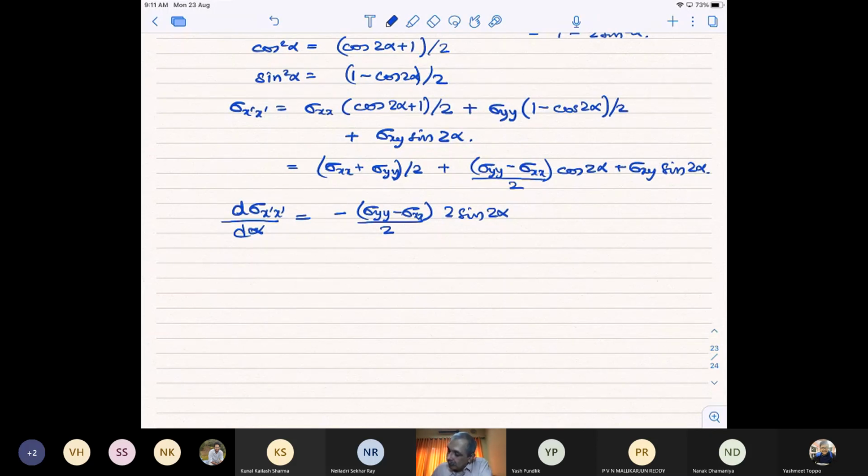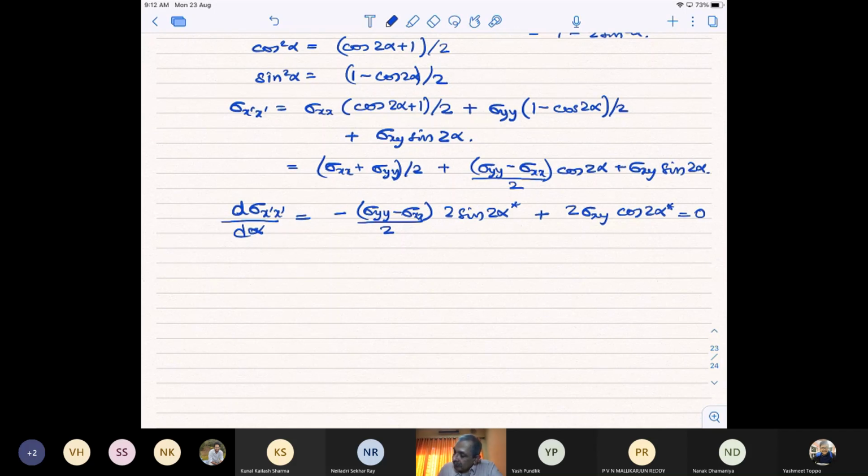And then this one will remain the same. So this will give us plus 2 sigma xy cos 2 alpha, and this must be equal to 0. I'm going to call this alpha star because that's the special angle at which this is either maximum or minimum.